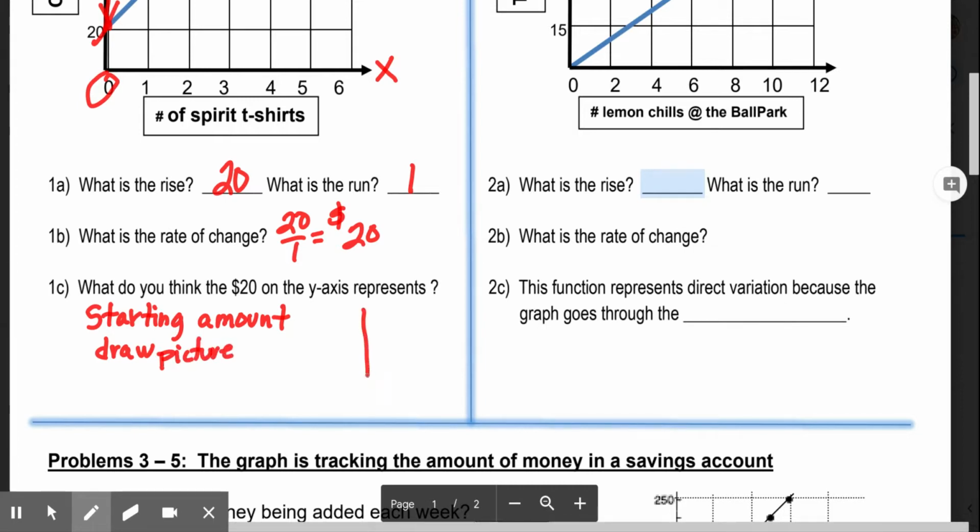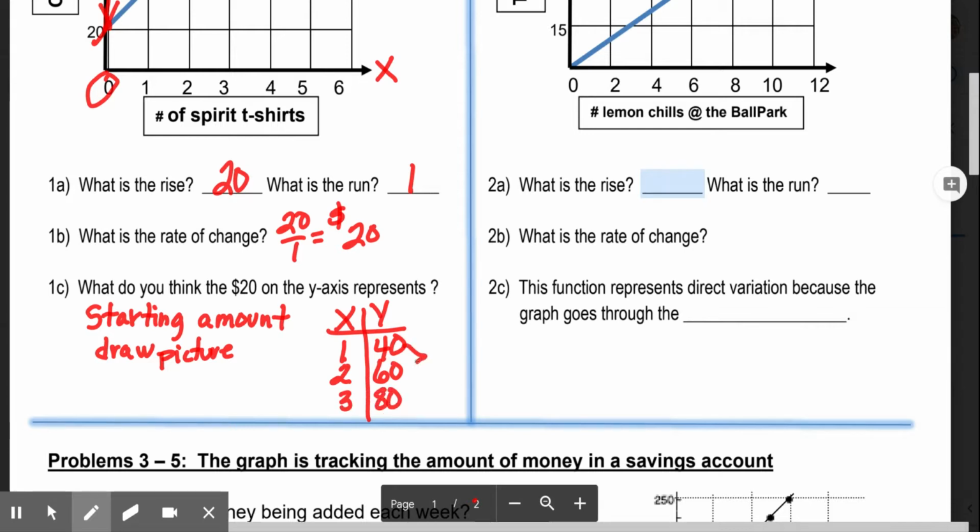But if you go ahead and set up a table of values, 1 shirt would actually cost $40, because that includes the starting amount, the setup fee, and it includes the t-shirt itself. But if you notice then, 2 shirts would cost $60. 3 shirts would cost $80.